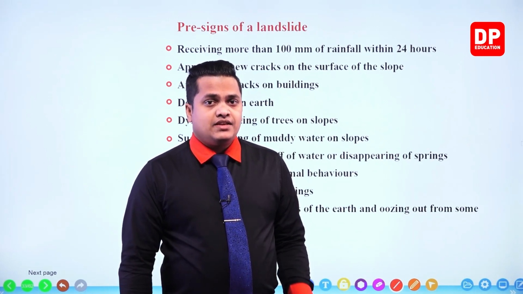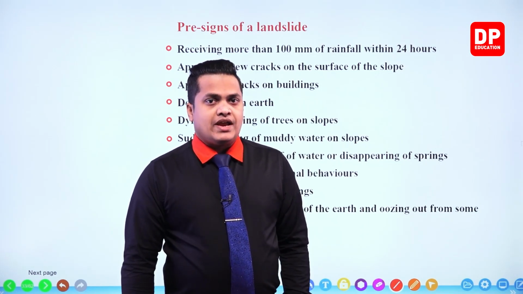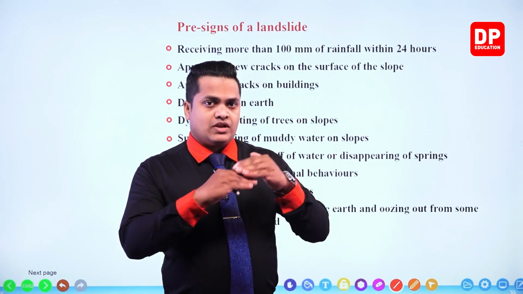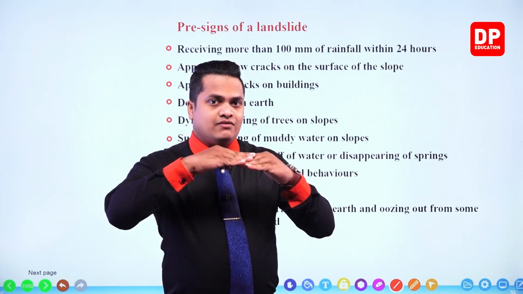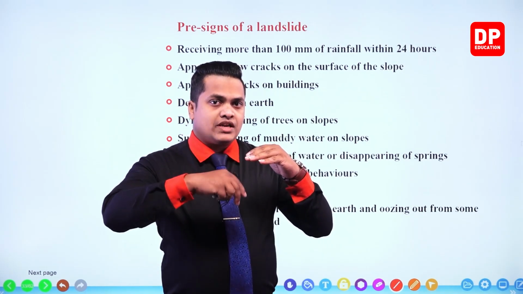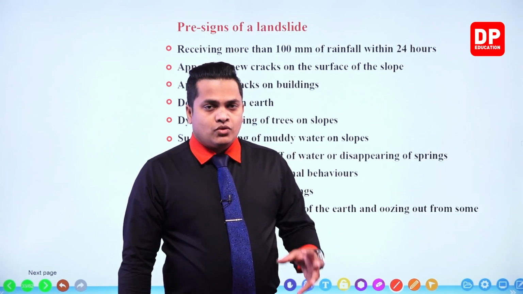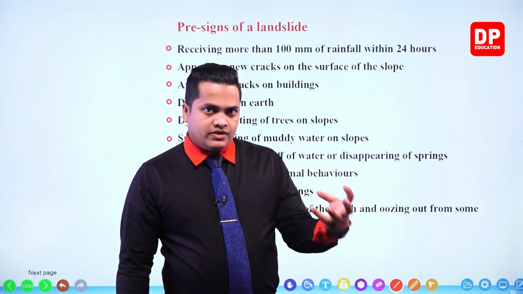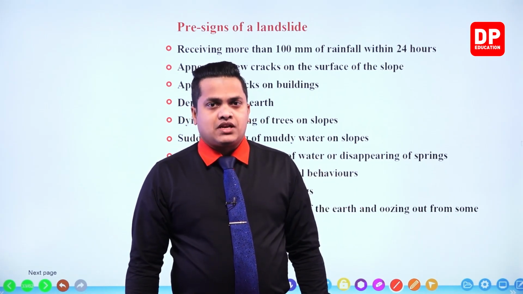This heavy rain is the main reason for a landslide, because you know that the soil layers are like this. When the top receives plenty of water, that water soaks into the layers, and the water soaked into the soil layers will definitely cause the landslide.